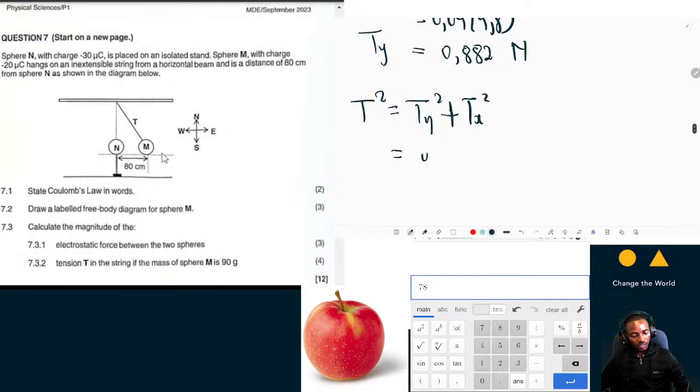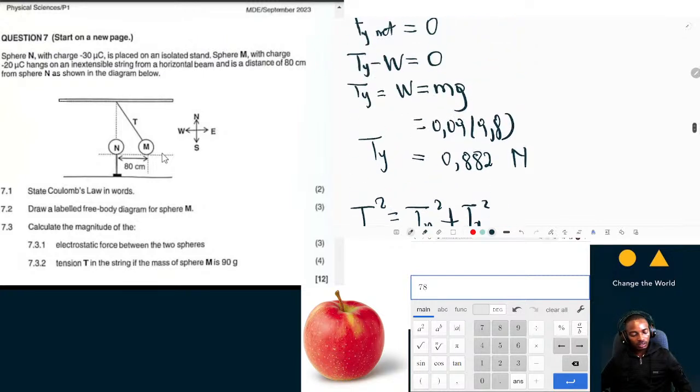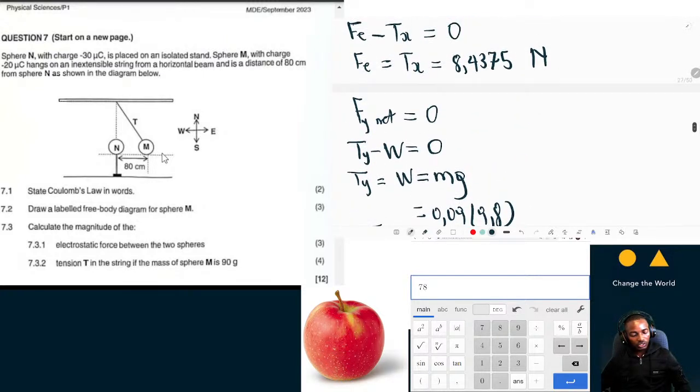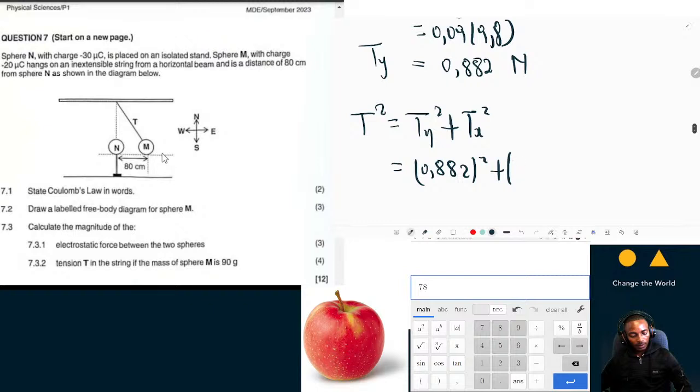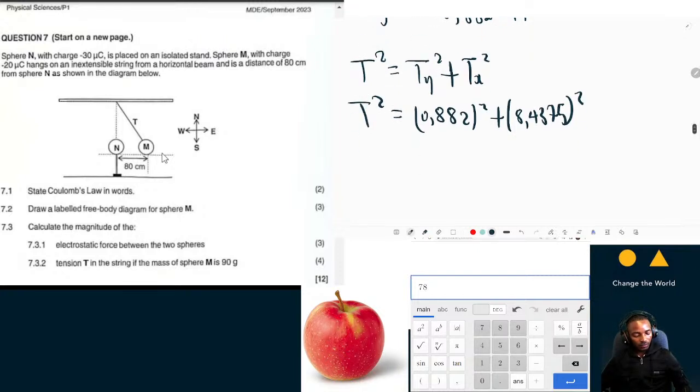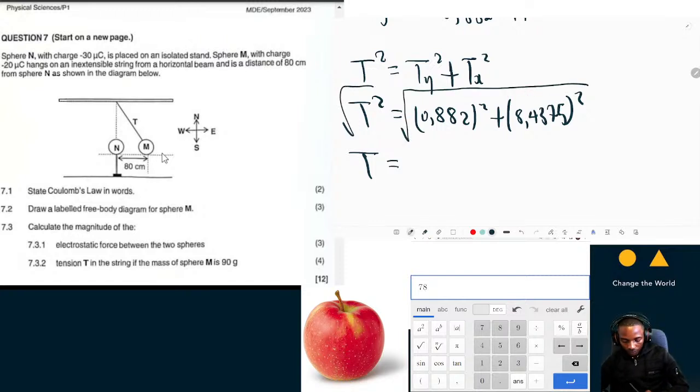Then Ty is 0.882 all squared. Then Tx is 8.4375, all squared. This should be equal to T squared. Therefore, T will be equal to the square root of that.